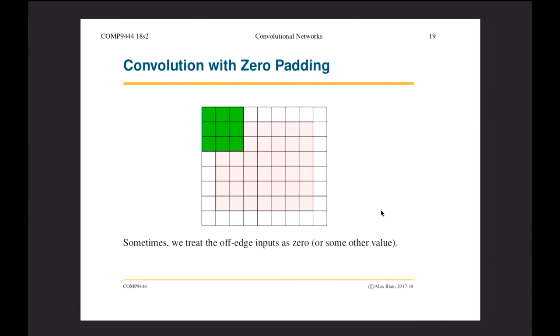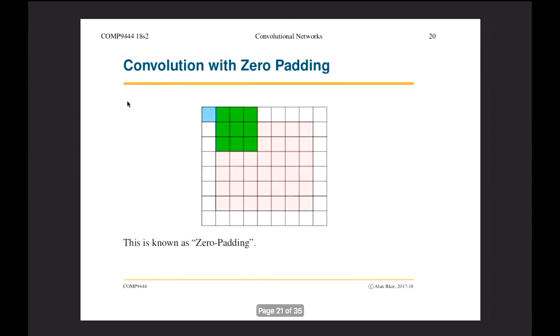So with zero padding, we allow the filter to run off the edge of the input, and usually the things out here are just treated as having a value of 0. So that weight gets multiplied by 0. These weights don't actually contribute, only the bit that's actually on the image contributes, but this produces a neuron in the next layer.